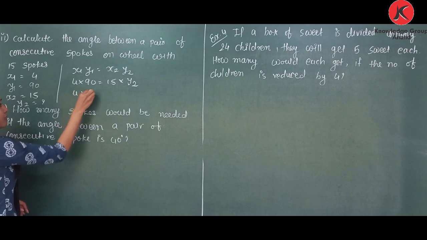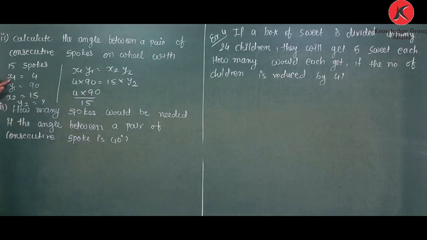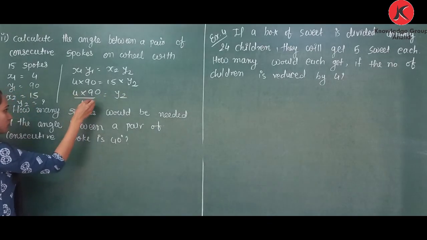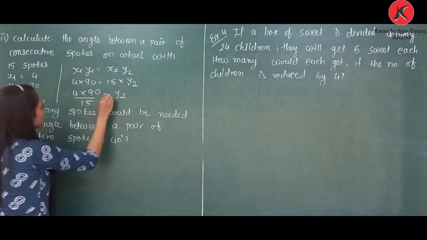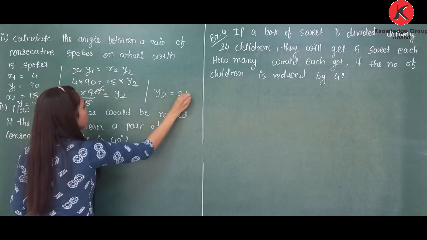So 4 multiply 90 divided by 15. In the previous condition we took x1, that is 4 spokes, and y1, that is the angle between them. So y2 is equal to 24.